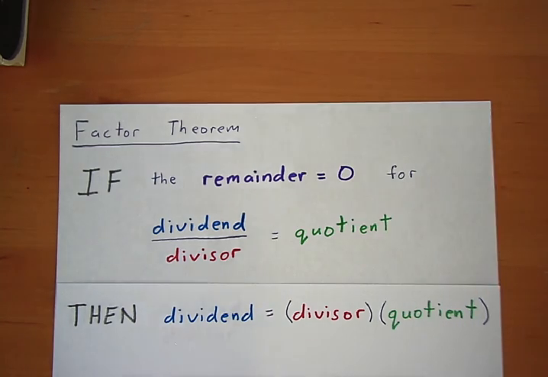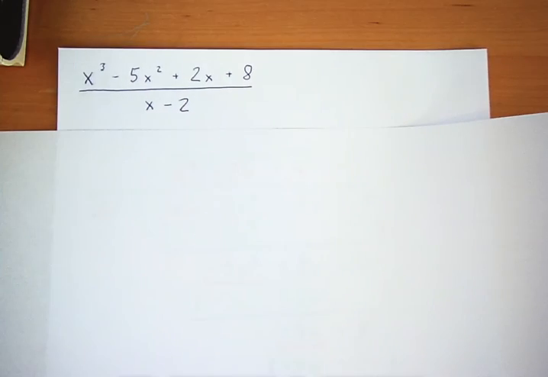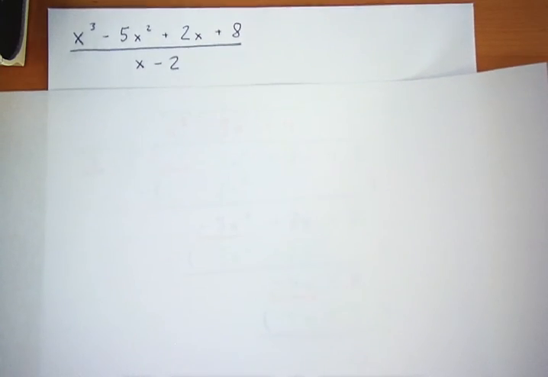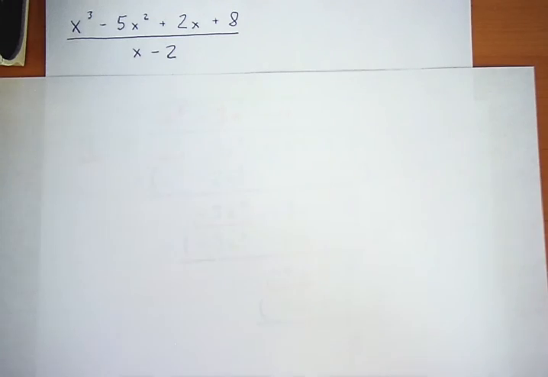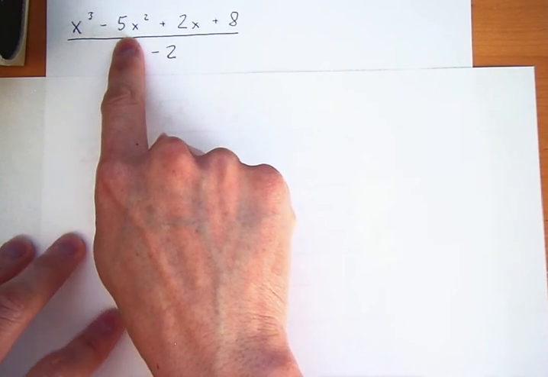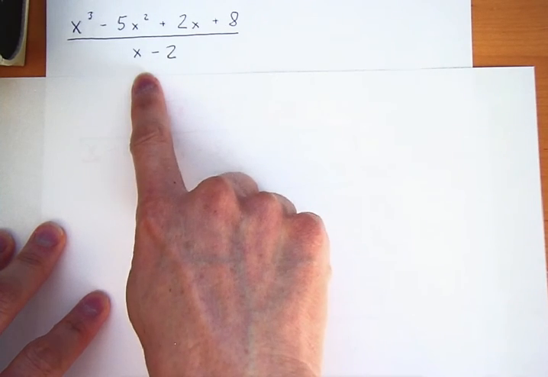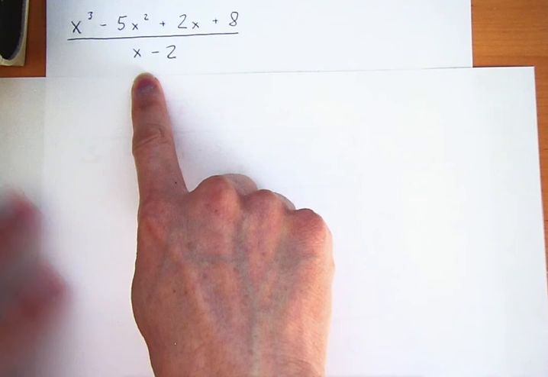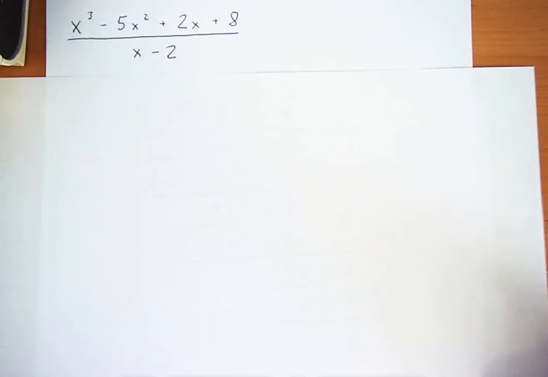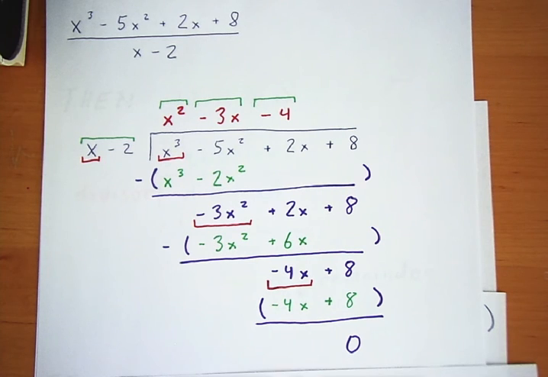Let's give an example and some background to this. So, let's say we have x to the third minus 5x squared plus 2x plus 8 divided by x minus 2. If I was going to do the long division for that, here it is right there.